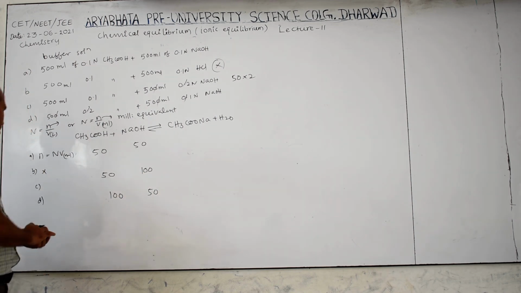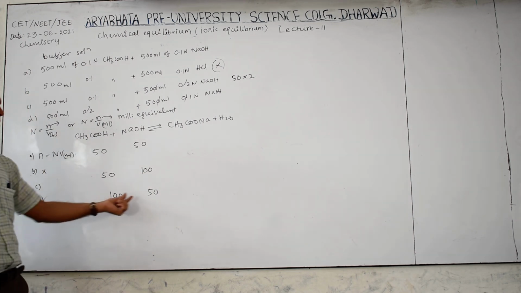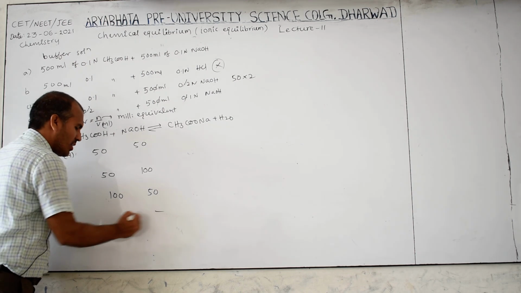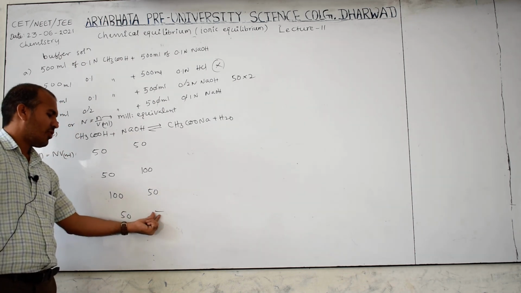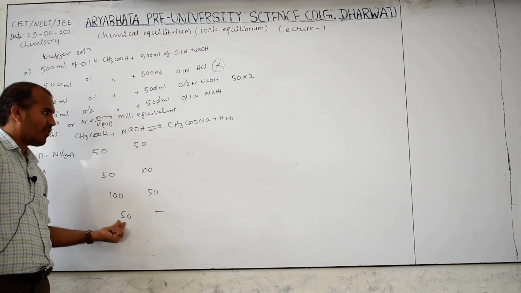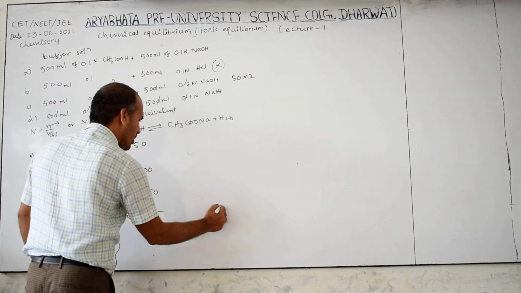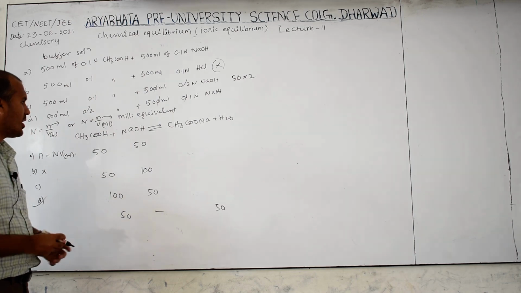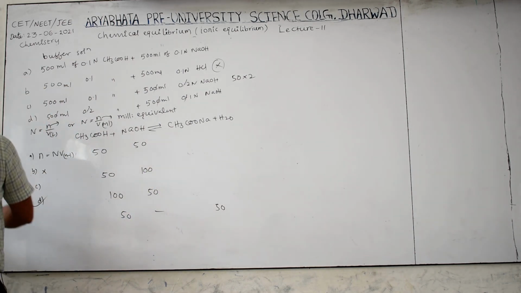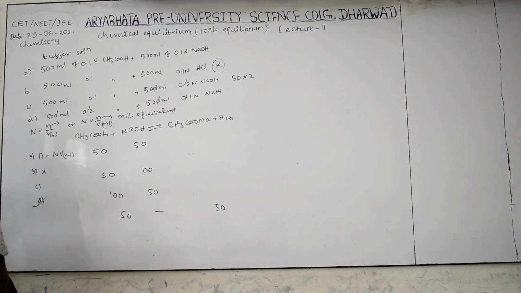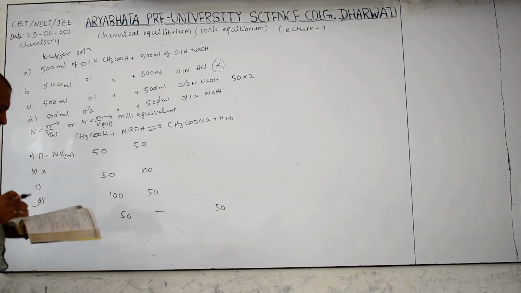No need to calculate further, D is the correct answer. Because 50 reacts, 50 is left, and 50 salt is formed. Now what is present in this reaction? Acid and salt. Therefore this is an acidic buffer solution. Like this we have to answer, then only it is easy.